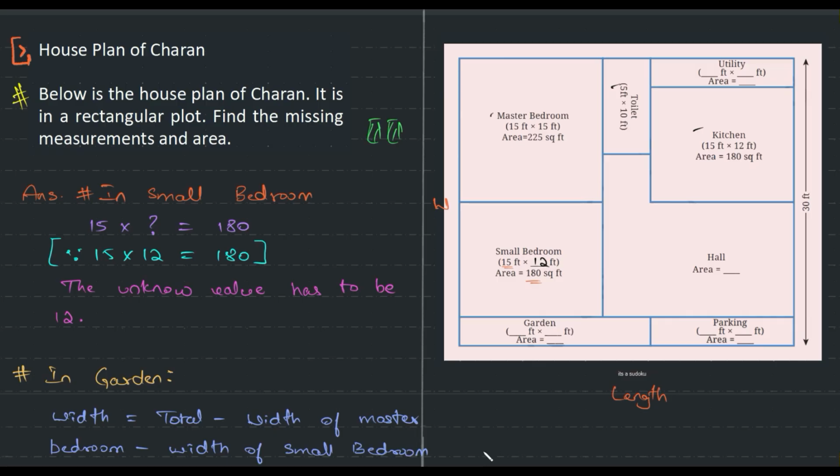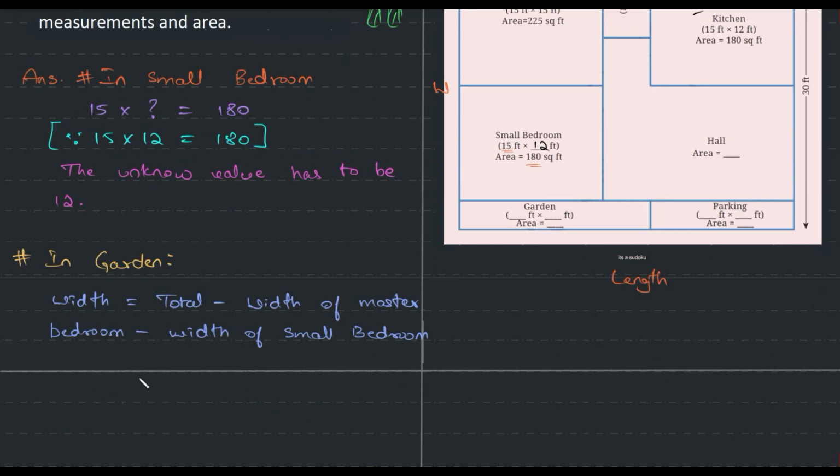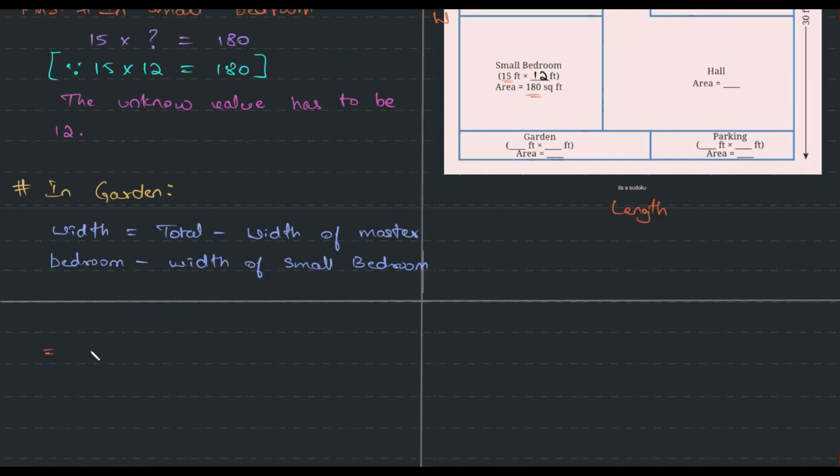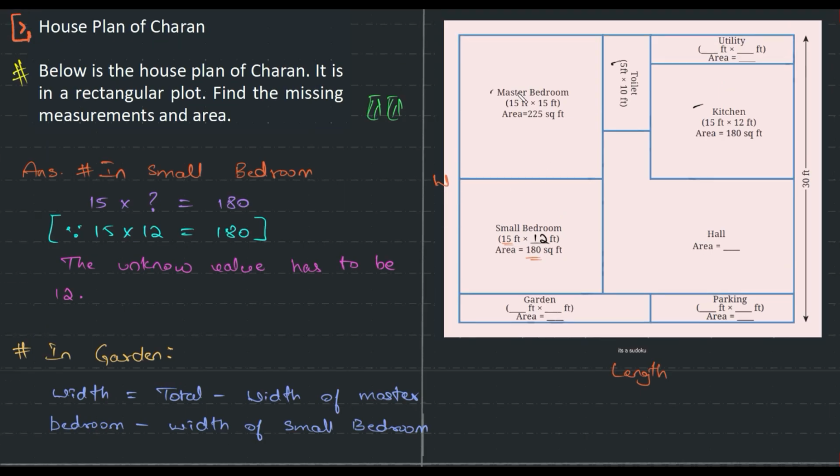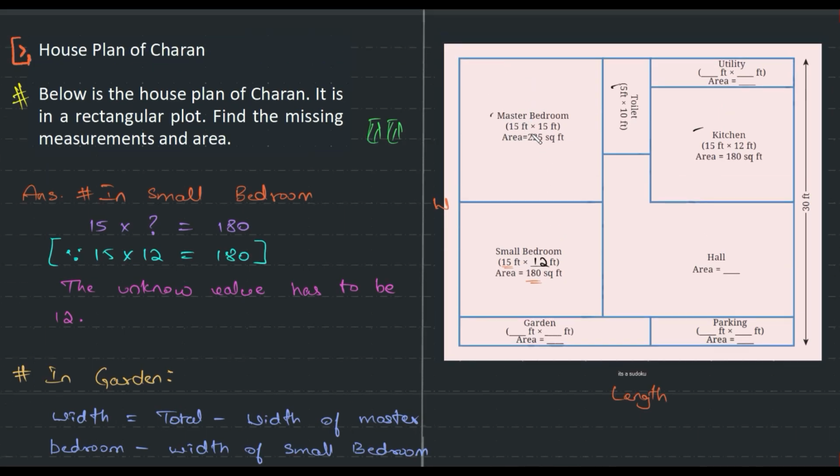So I'll continue the calculation here. So total width is 30 minus, okay, so 15 and 20, 12. Oh, by the way, if anyone writes this set of values, it is length times width.